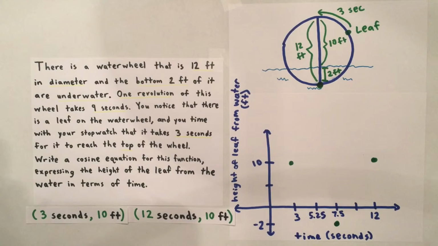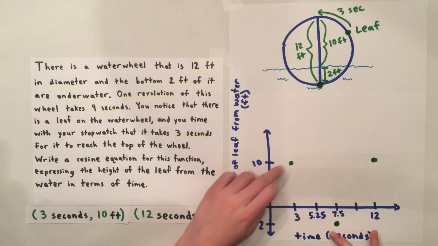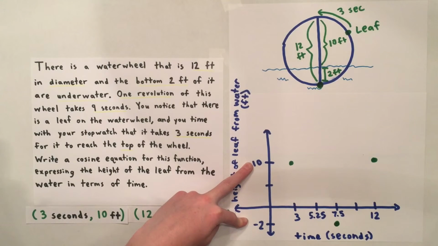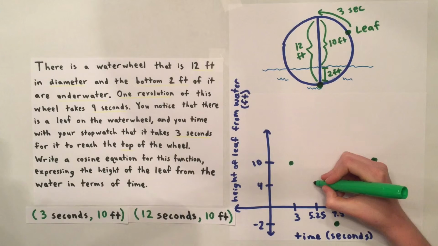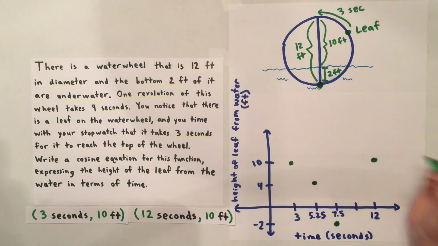So, this will be the x value of our point. To find the y value of our point, we take the average of the y values of these 2 points. So, 10 plus -2 divided by 2 is 4. So that will be the y value of our point, and we can plot this point, which is at 5.25, 4.